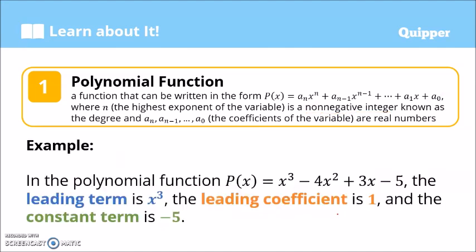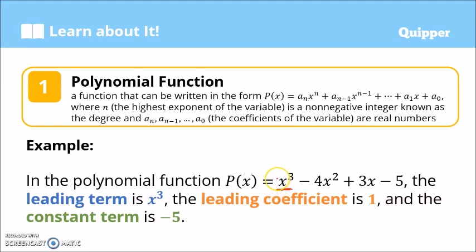Example, in the polynomial function p of x equals x cubed minus 4x squared plus 3x minus 5, the leading term is x cubed. This is the leading term. The leading coefficient is 1. We don't see a number here. However, if this is the case, then the coefficient of the variable is 1.